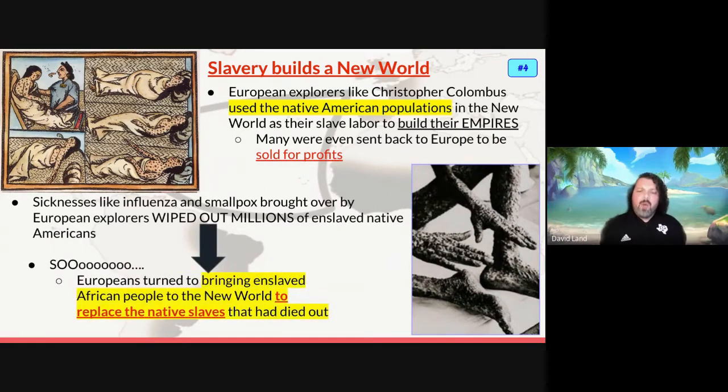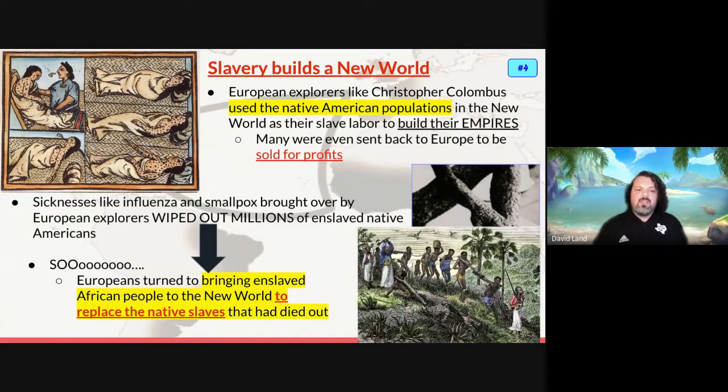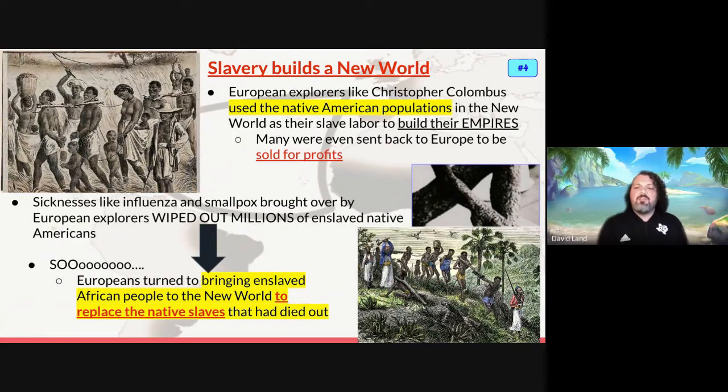They got wiped out by things like measles, smallpox, even the flu or influenza. The Europeans were using these natives to build their empire. When those natives died out from sickness, the Europeans had to find other workers to help them build their empire. I shouldn't say help, I should say forced to build their empire. So what did they turn to?